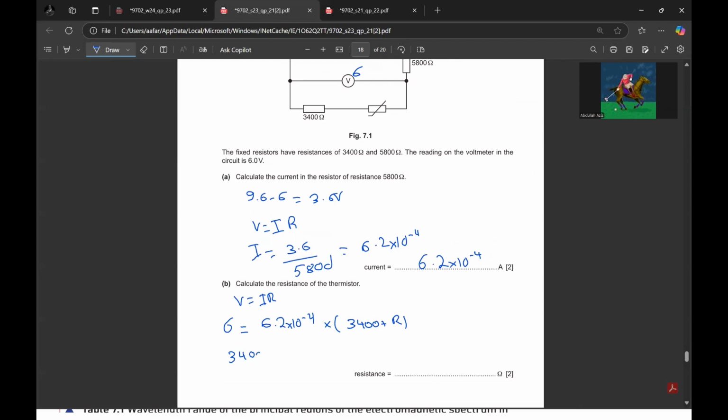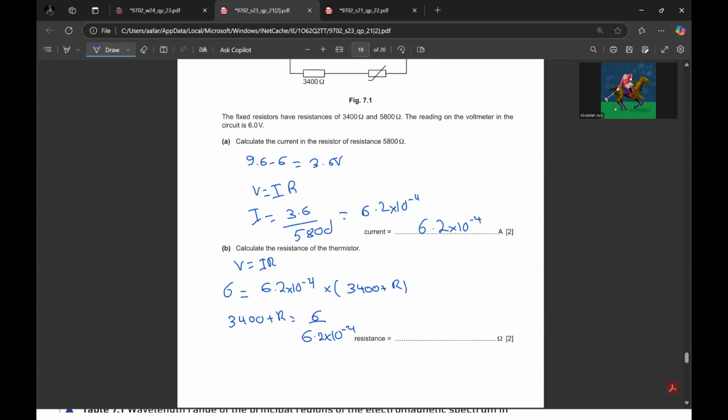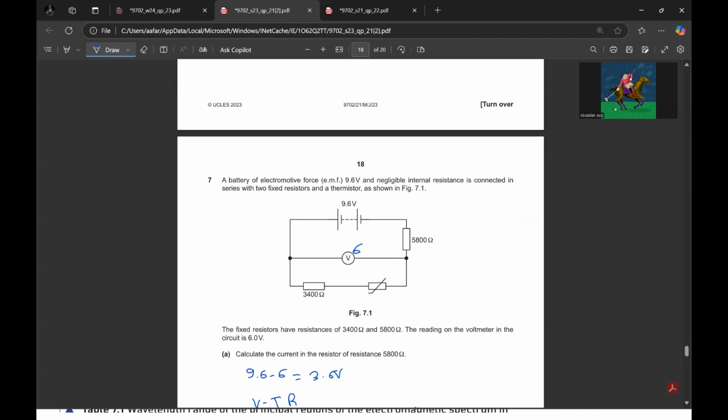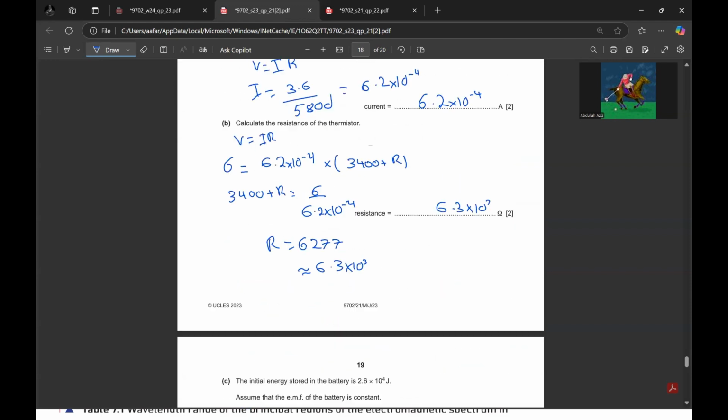So we can say 3400 plus R is equal to 6 over 6.2 into 10 power negative 4, so the R we get is 6.3 into 10 power 3. You can say they've given everything in two significant figures, so let's stick to two.